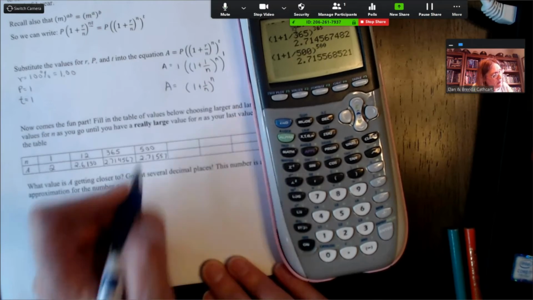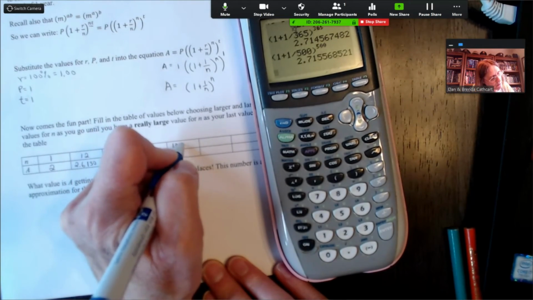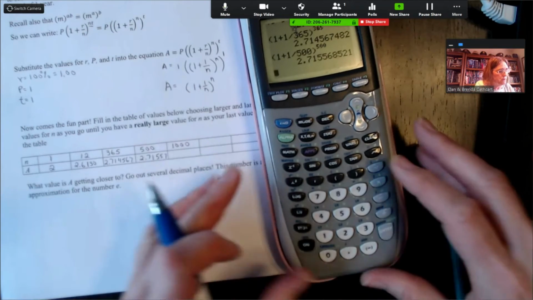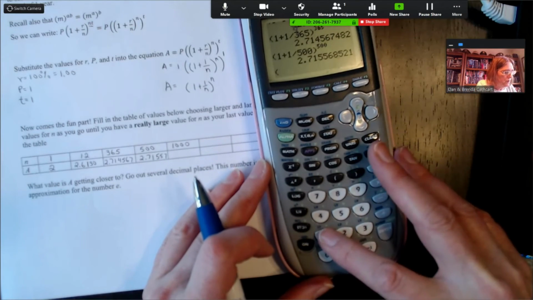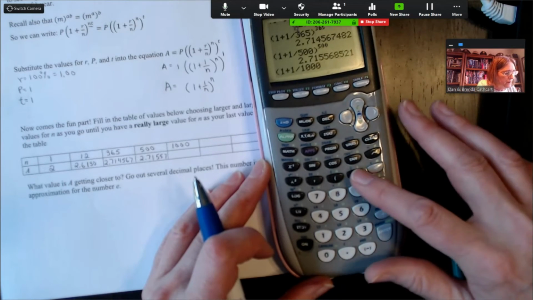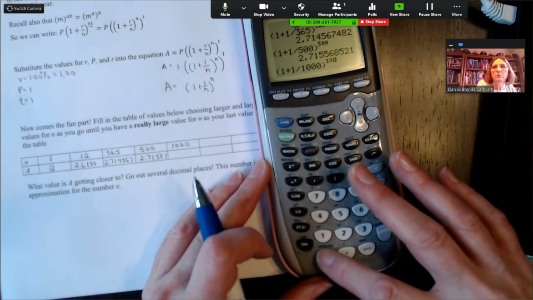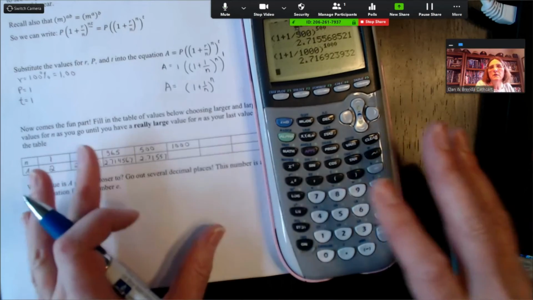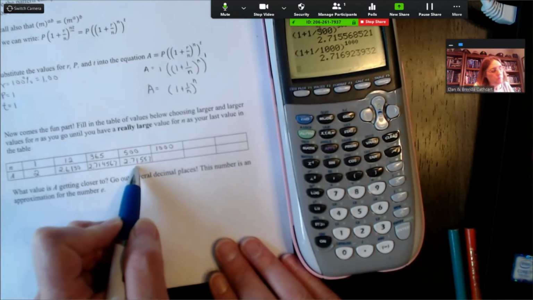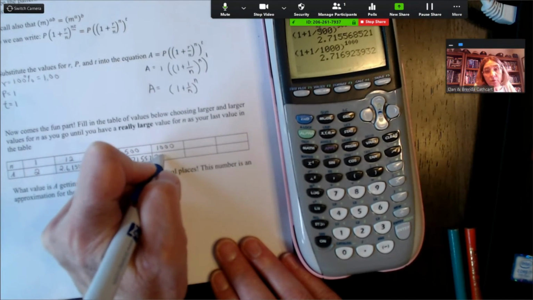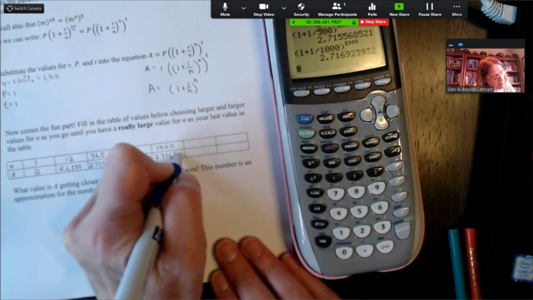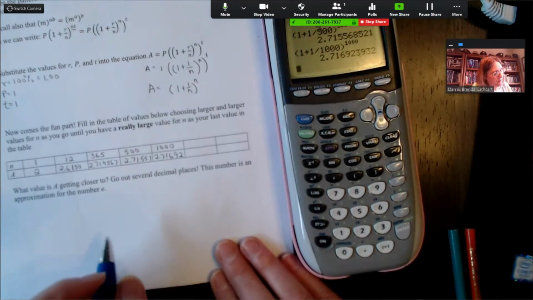Let's pick the next value. Let's pick n equal to 1,000. 1,000 times a year, you're going to add on your interest. So we have 1 plus 1 divided by 1,000 raised to the power of 1,000, and we get a number fairly close to our previous one, 2.71692. Let's go higher.